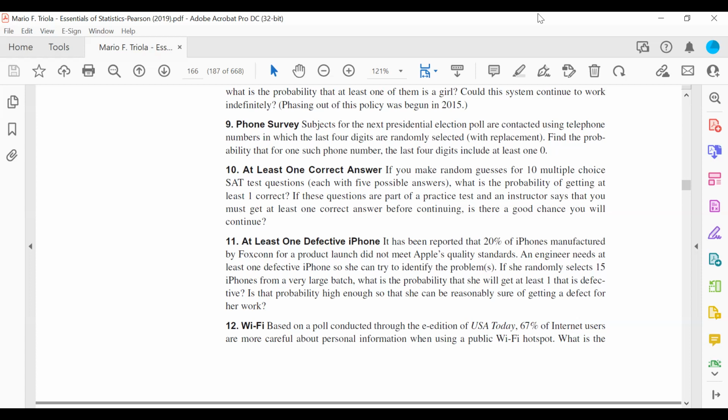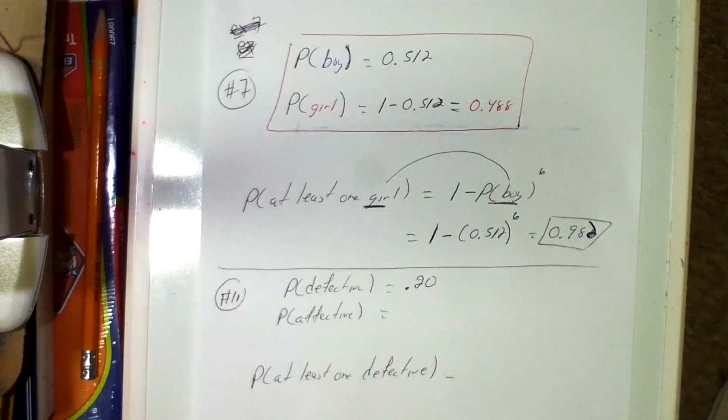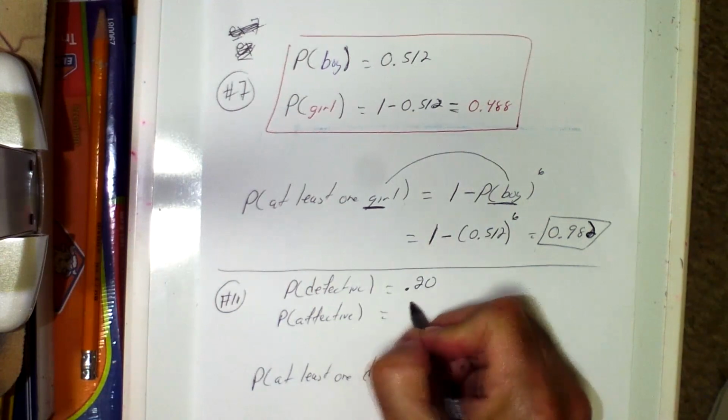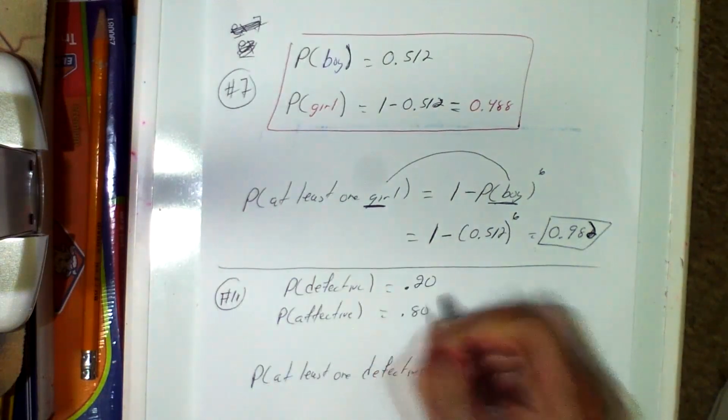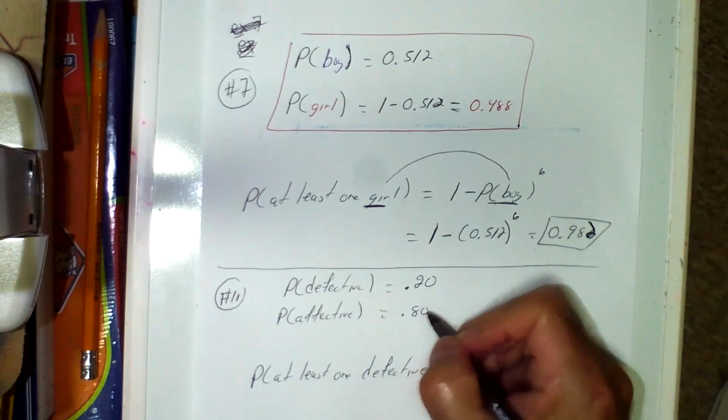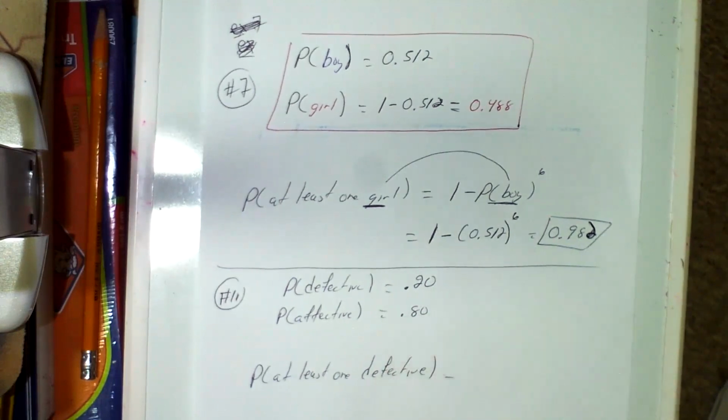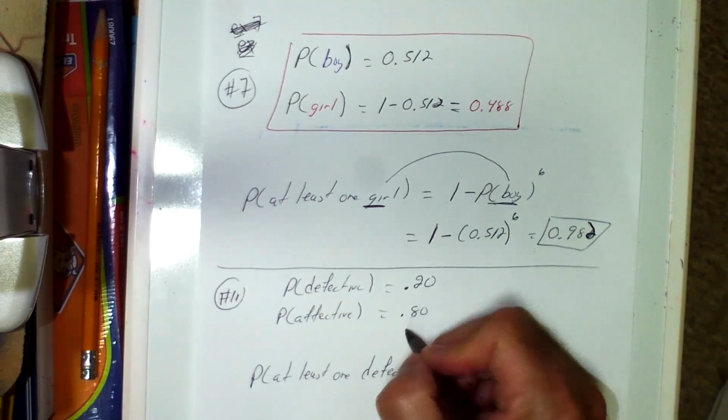So the probability of defective is 0.20. I wrote 20% as a decimal, so I rewrote it as 0.20. So what does effective mean? If this is 0.2, then this is 0.8. Remember, they are complements of each other, or you just do 1 minus 0.20 and get 0.8.